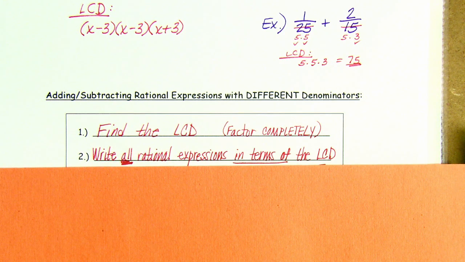That little phrase, in terms of, really just means we need to physically see that least common denominator in every single fraction. If you recall from geometry, sometimes they asked you to give your answer in terms of pi. You probably see that in pre-calc as well.